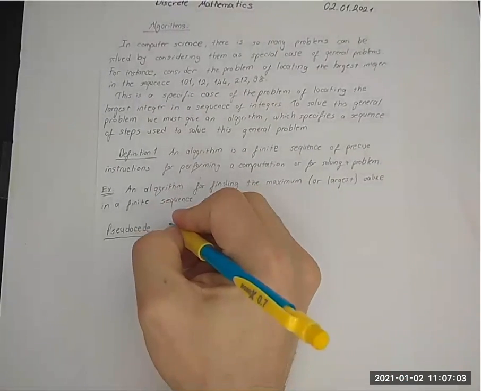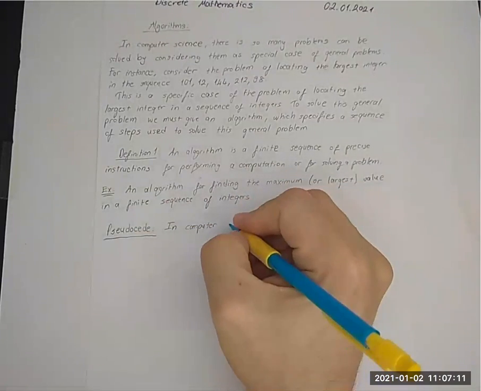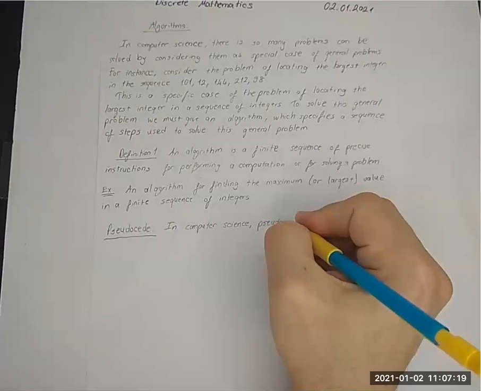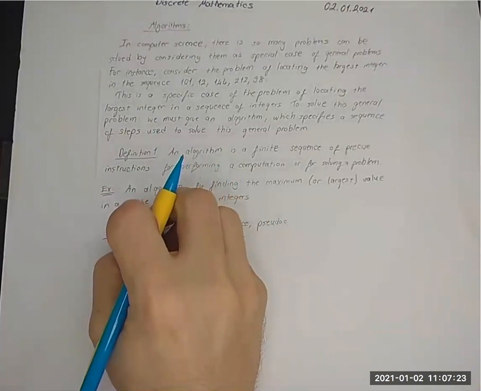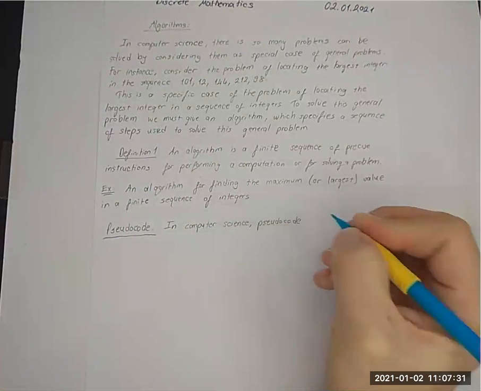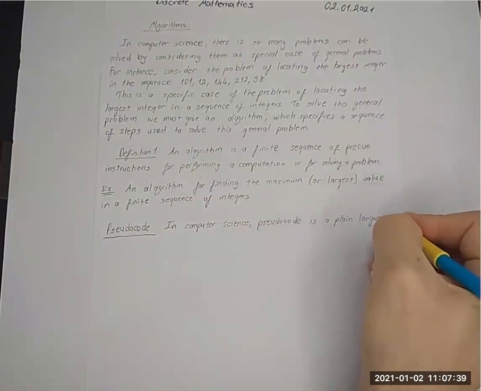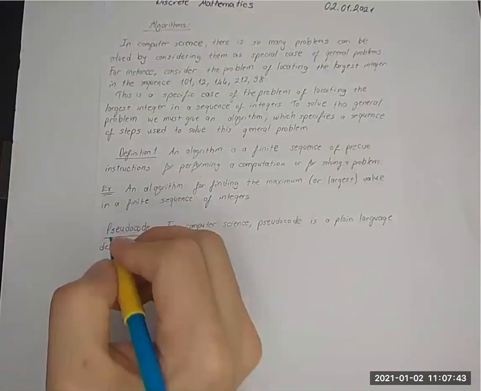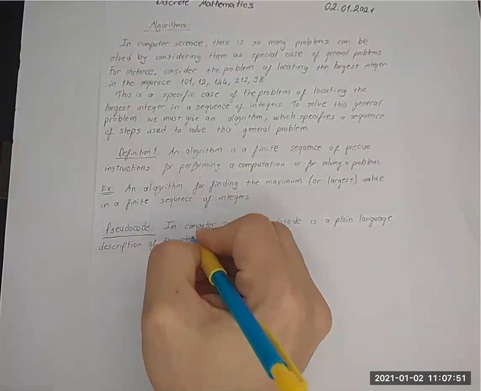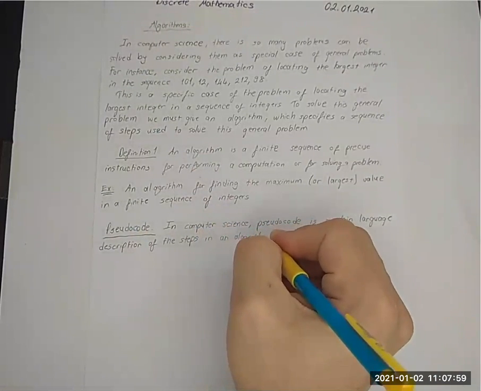In computer science, and software engineering is also part of computer science, pseudocode is a plain language description of the steps in an algorithm or another system.